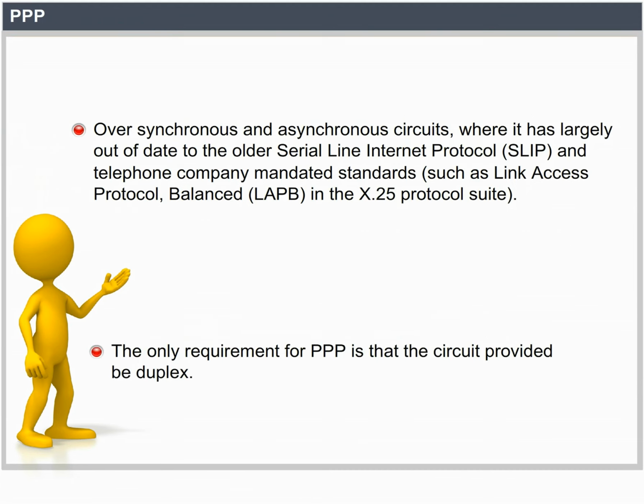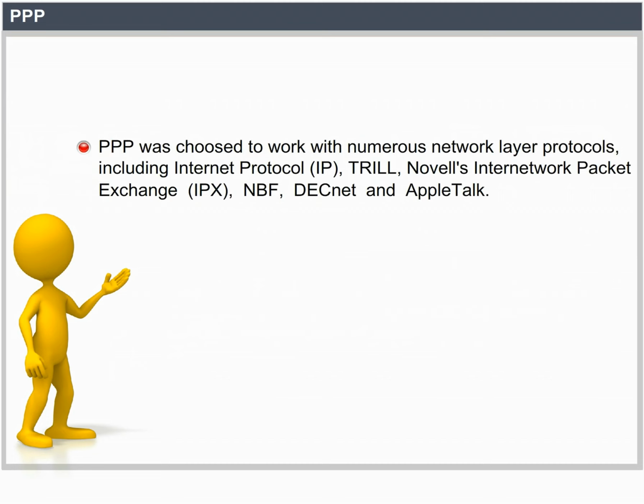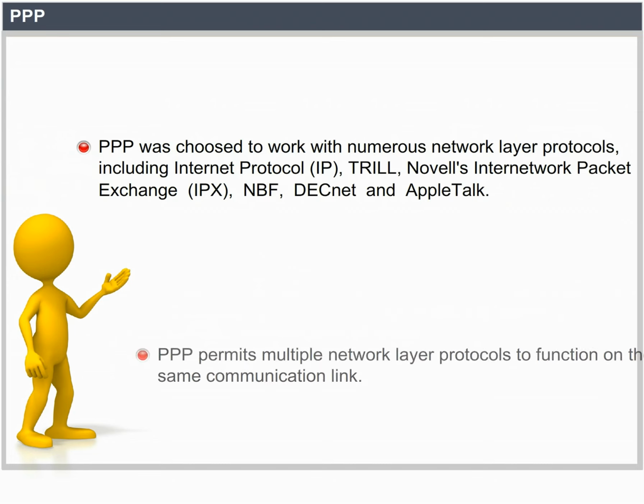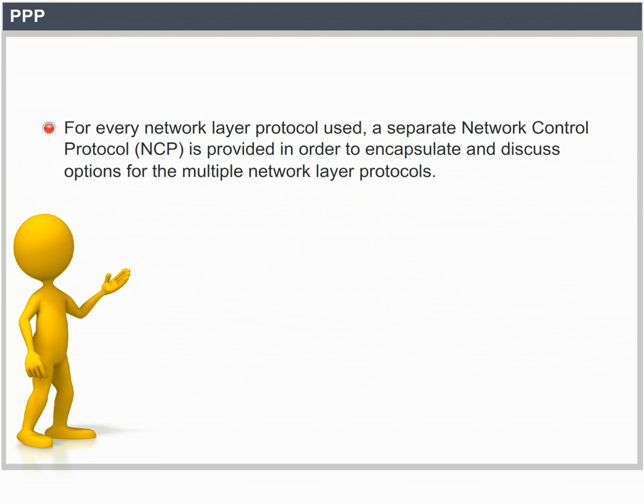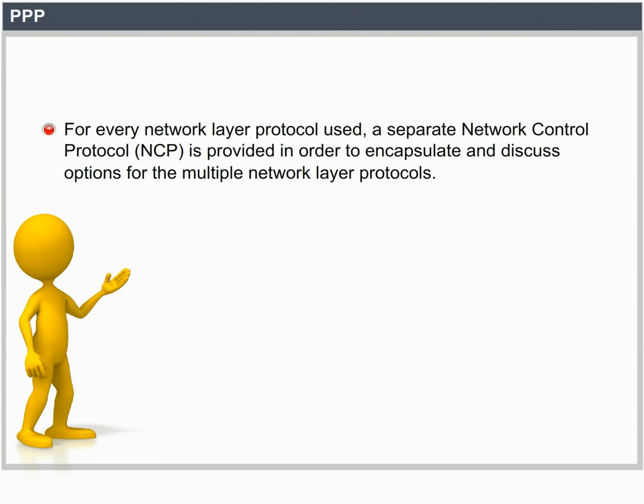PPP was designed to work with numerous network layer protocols including Internet Protocol or IP, OSI, Novell's Internetwork Packet Exchange or IPX, NBF, DECnet, and AppleTalk. PPP permits multiple network layer protocols to operate on the same communication link. For every network layer protocol used, a separate network control protocol or NCP is provided in order to encapsulate and negotiate options for the multiple network layer protocols.